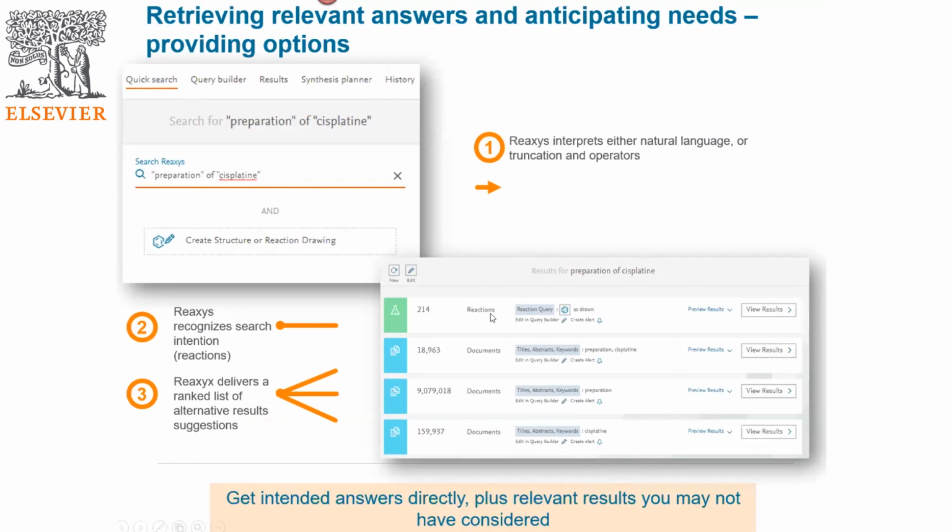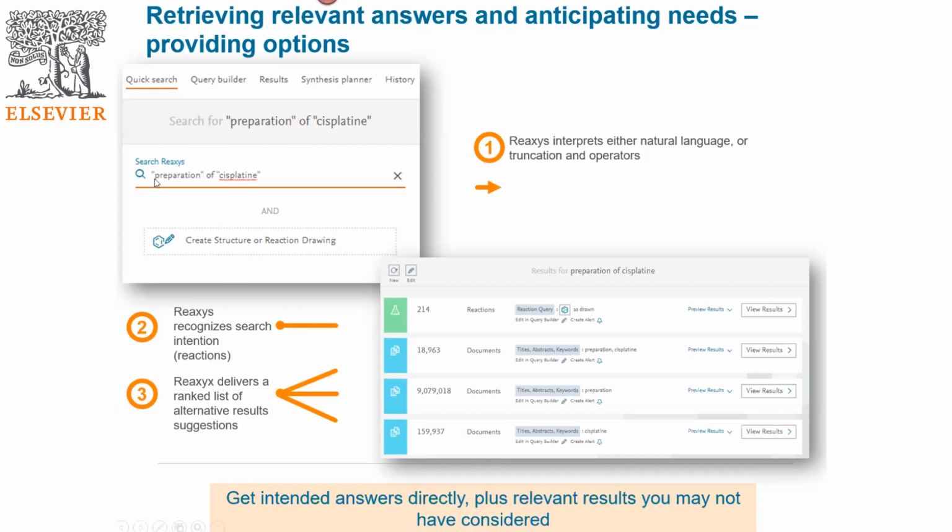Why does it happen? Because as we discussed, in Reaxys there are several databases, and the quick search tries to understand the intention of your search and tries to search with this intention in the available databases.